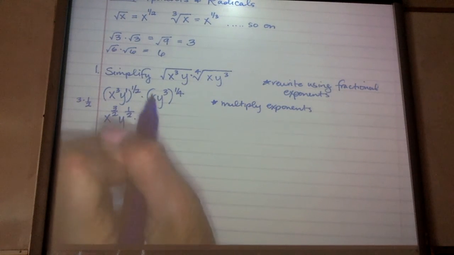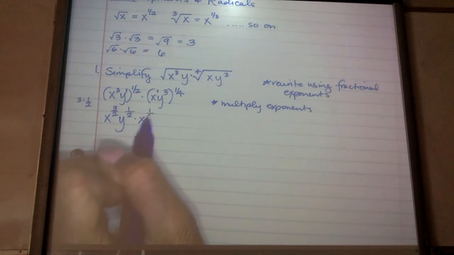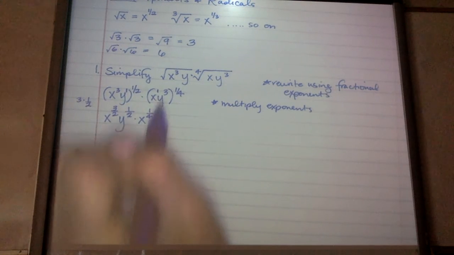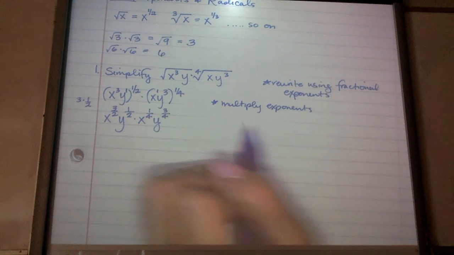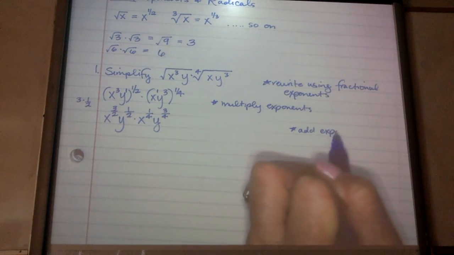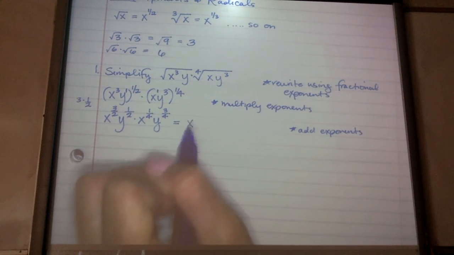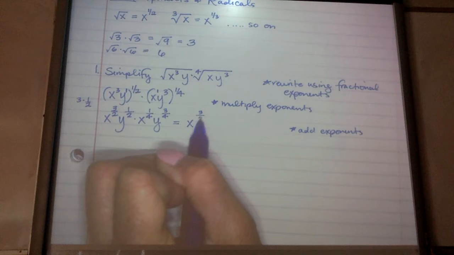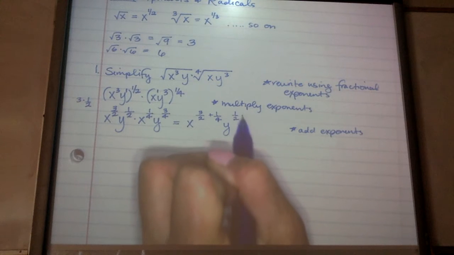Times x to the, there's a 1 here, so 1 times 1/4 is 1/4. And y, 3 times 1/4 would be y to the 3/4. In this step, I'm going to add my exponents. So that equals x to the 3/2 plus 1/4 times y to the 1/2 plus 3/4.